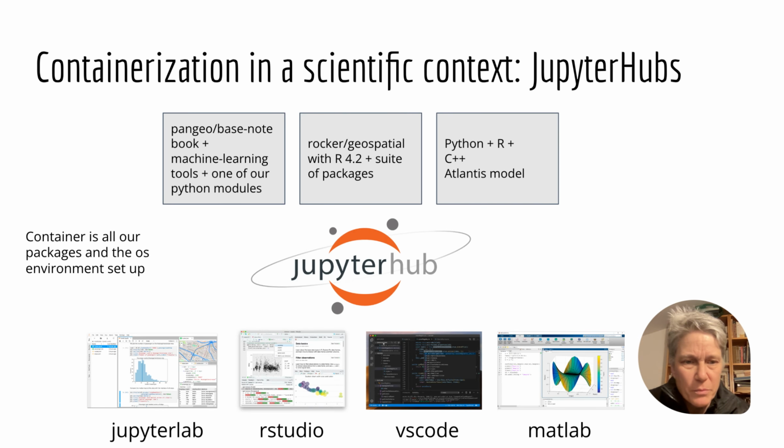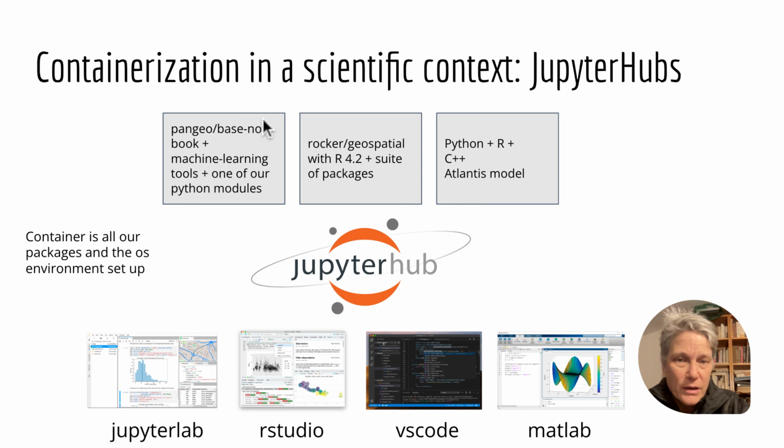So, a really popular container server for scientific applications is JupyterHub. And within these scientific applications, our images will often look kind of like this. Let's say that I wanted an image for doing some geospatial analysis in Python. I want to do some machine learning.